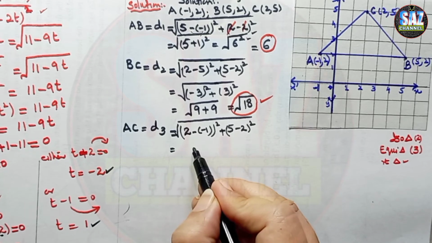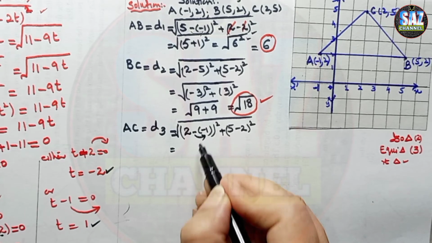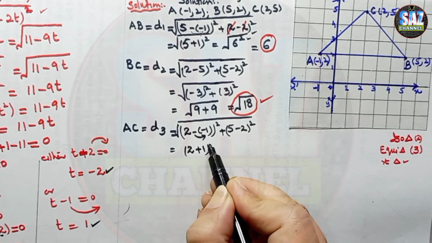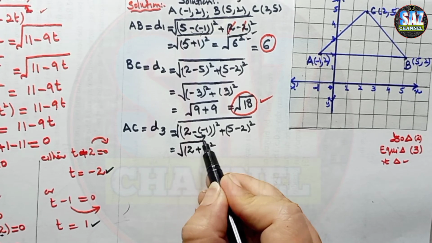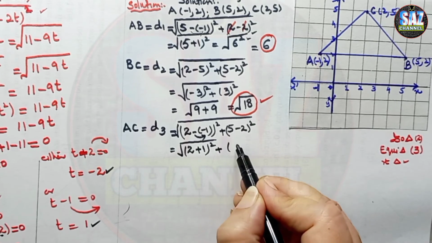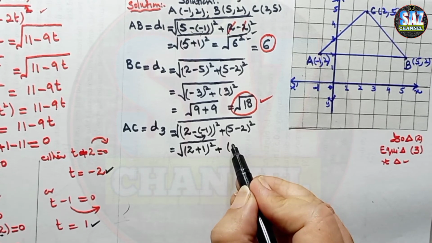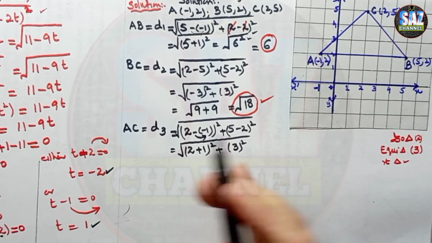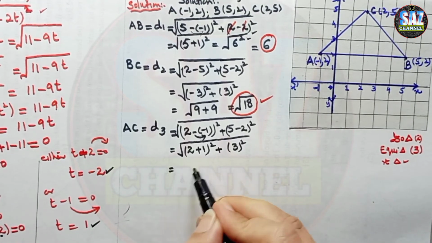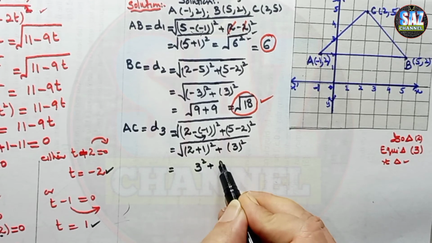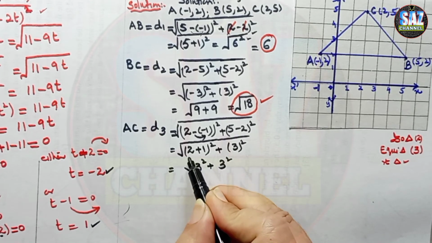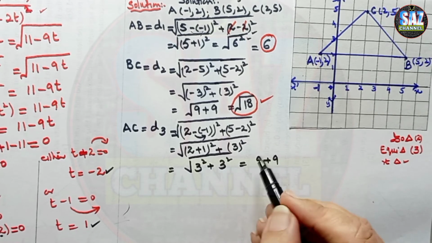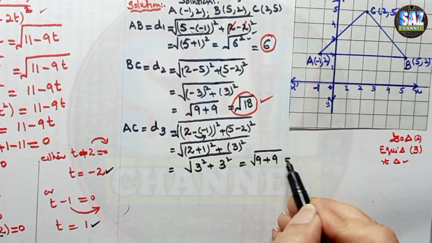Minus multiplied by minus is positive, so it will give me 2 plus 1 whole square, plus 5 minus 2, which is equal to 3 square. Now this will give me 3 square plus 3 square, and it will give me 9 plus 9, and this is square root 18.